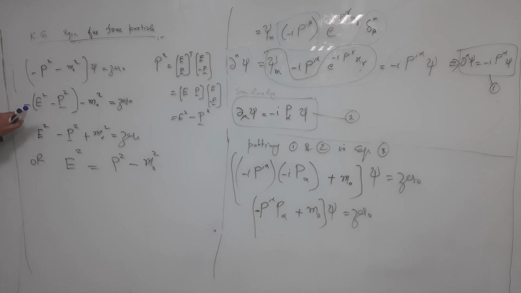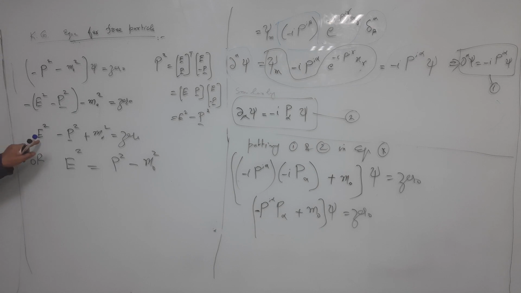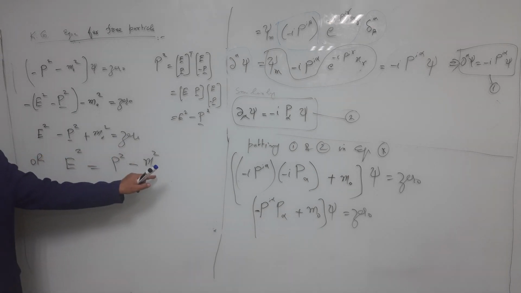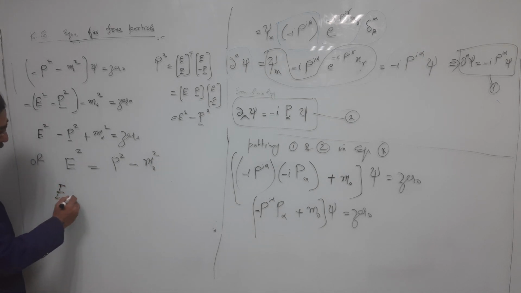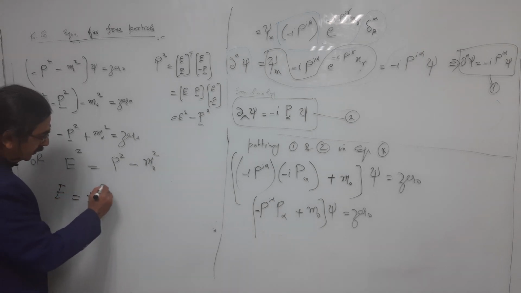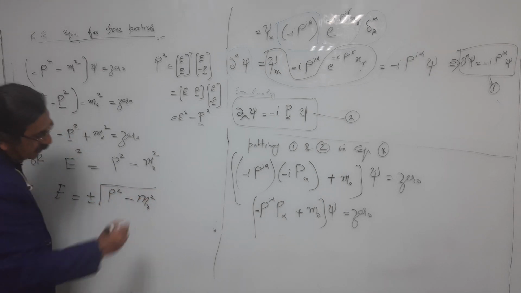If I multiply with the negative, this will become e square minus p square, and this e square will become plus m naught square. This will be equal to 0, and 0 multiplied with minus is 0. So both will go here, so this will be equal to this, and E will be plus or minus the square root of p square plus m naught square.